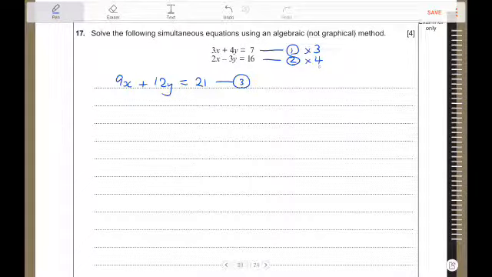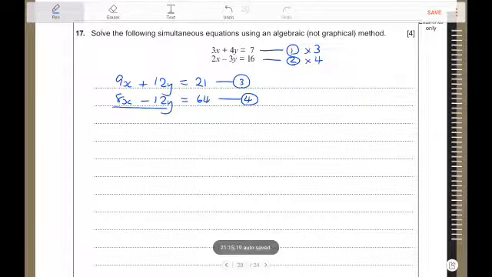Let's multiply equation 2 now by 4. 4 times 2x, 8x. 4 times minus 3y is minus 12y. And 4 times 16, 4 tens are 40, 4 sixes are 24, 64. I'm going to call that equation 4. Okay, I'll draw a line under those two now.